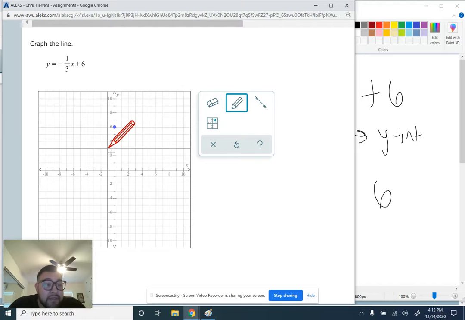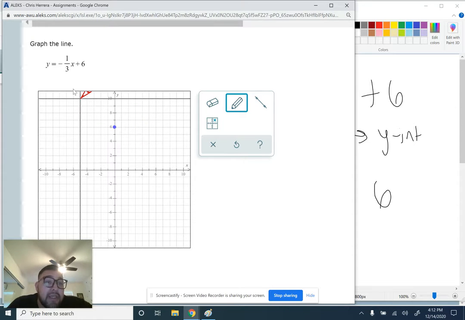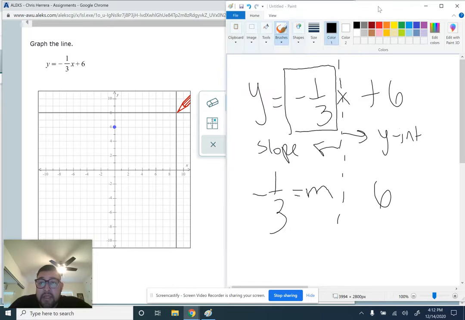So that means I'm going to be going down a certain amount of units and always to the right a certain amount of units. In this case, since my slope is negative 1/3, I am going to go down 1 and right 3.